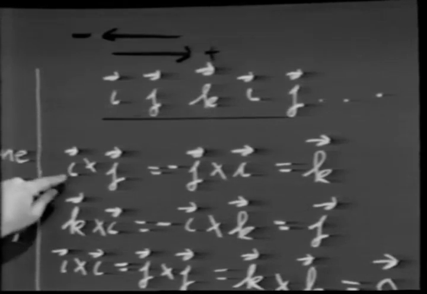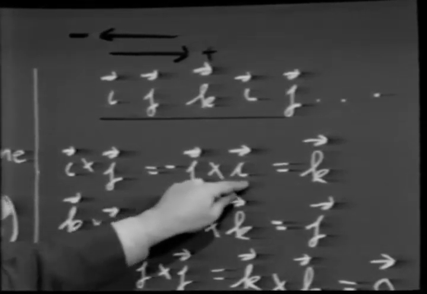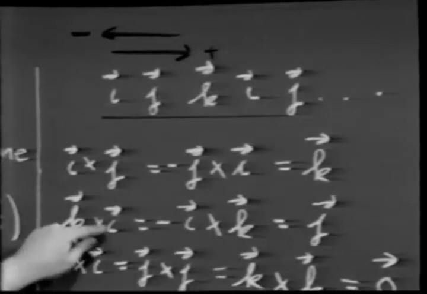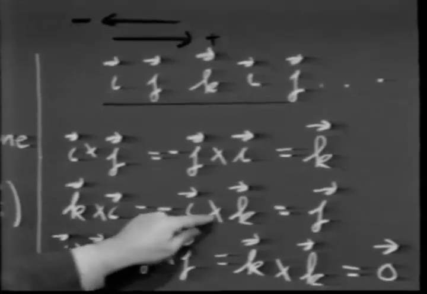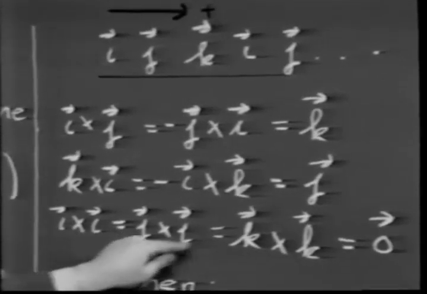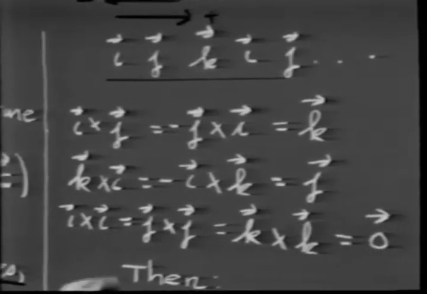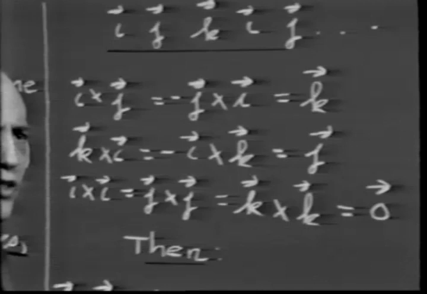To summarize these results, i cross j is the same as minus j cross i, which is k. k cross i is the negative of i cross k, which is j. i cross i, j cross j, and k cross k are all 0. And notice the use here of the 0 vector because we're dealing with vectors. And again, leaving the details to you, they're very simple to come up with.